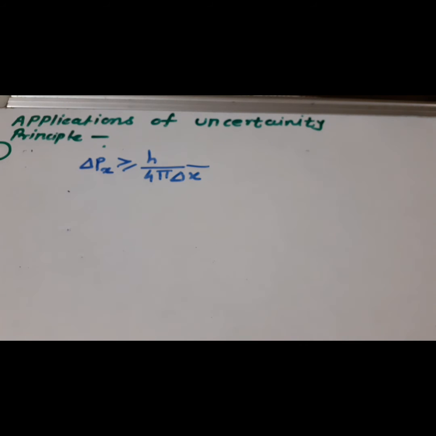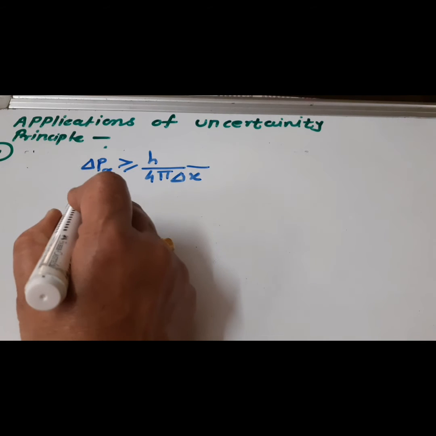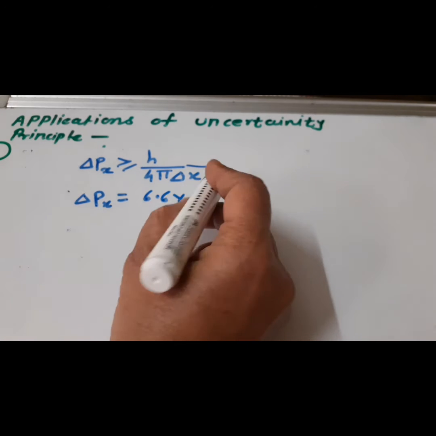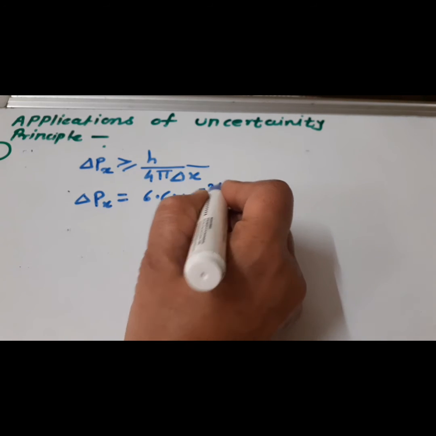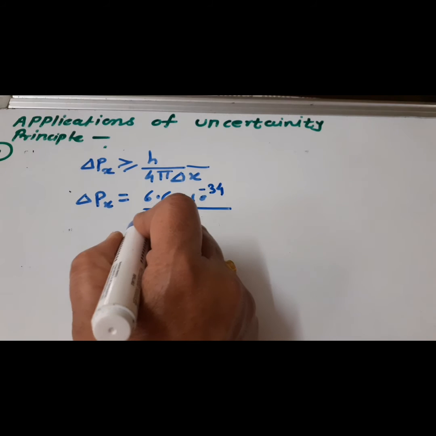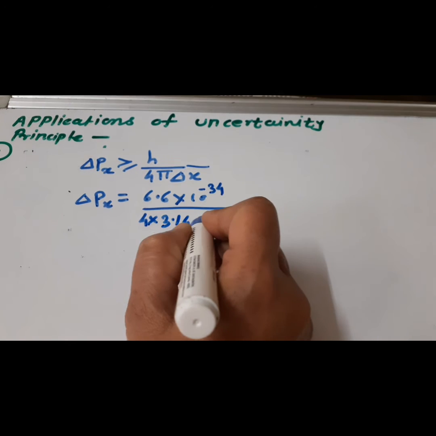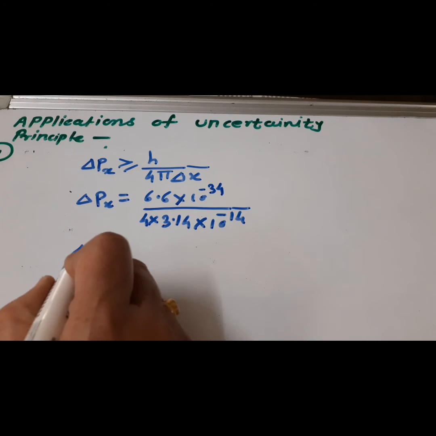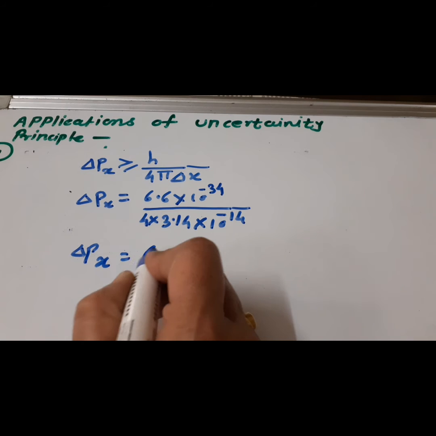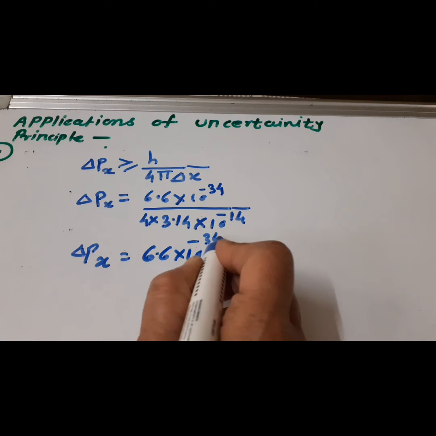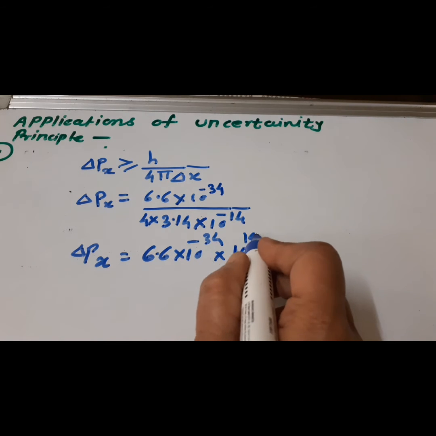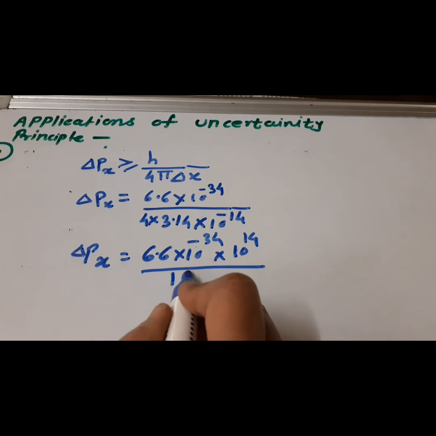Then we can put the values, that is delta px is equal to h, 6.6 into 10 to the power minus 34, divided by 4 into 3.14 into 10 to the power minus 14, that is delta x, which is equal to 6.6 into 10 to the power minus 34 into this 10 to the power minus 14 goes to the upward side, then that becomes 10 to the power plus 14, divided by 12.56, isn't it?